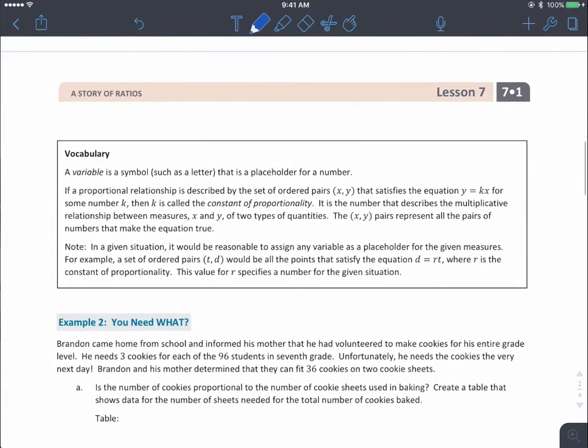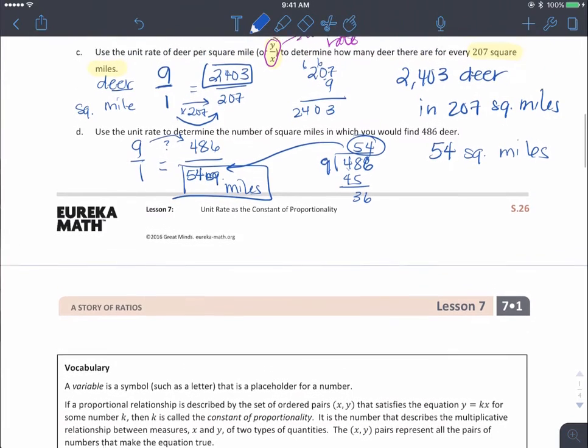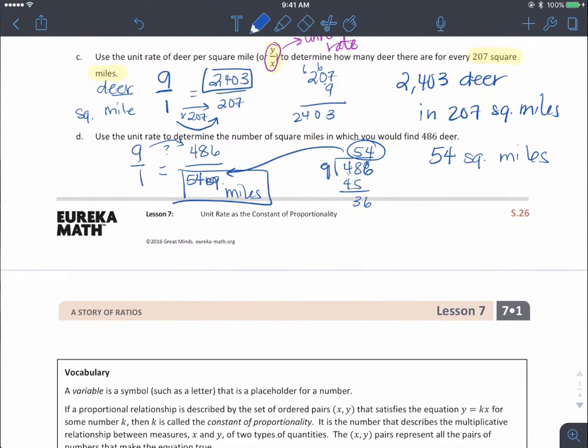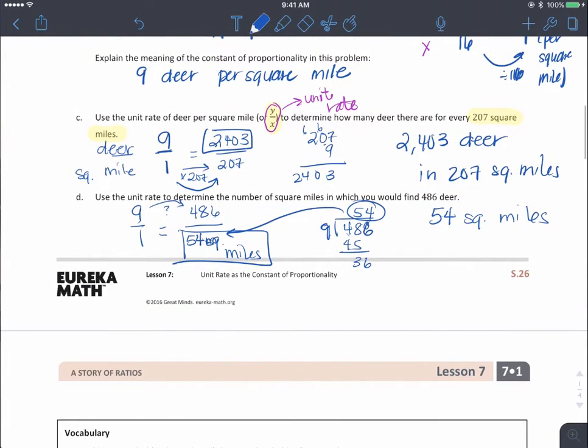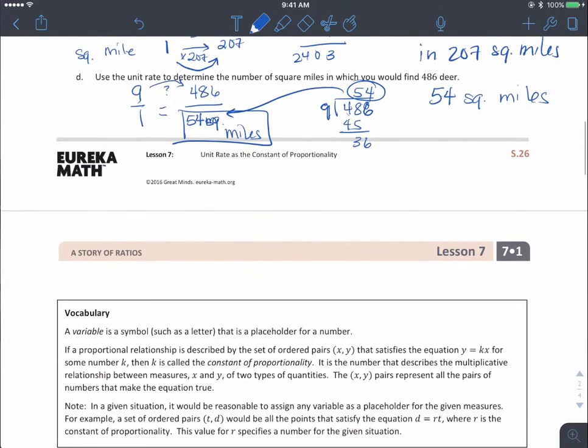Okay. So you've seen in the past that we're working with a lot of unknowns, right? So when we're trying to find the number of square miles and the number of deer you would find, we're working with unknowns.